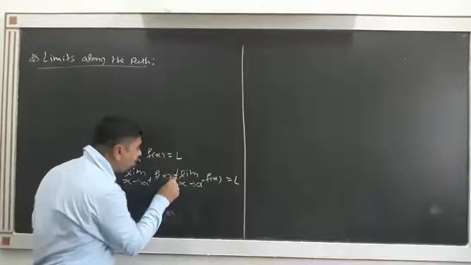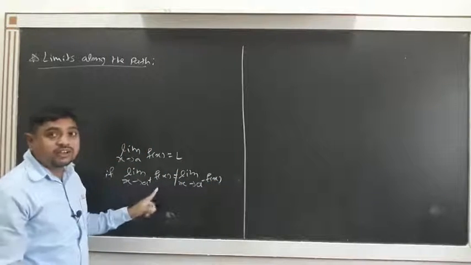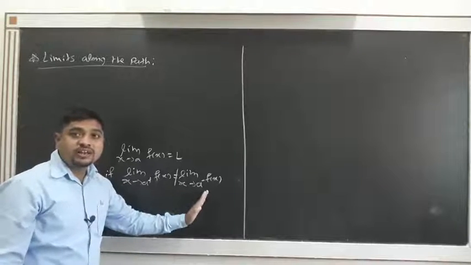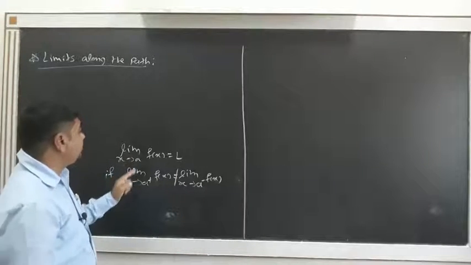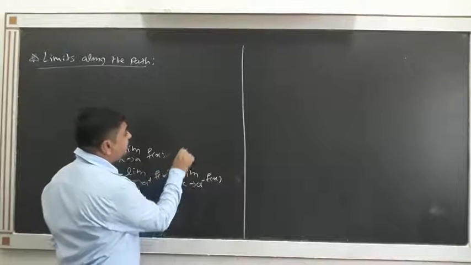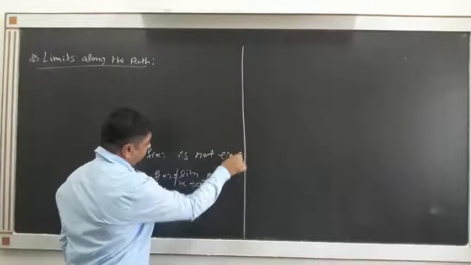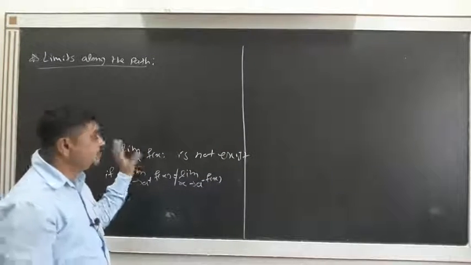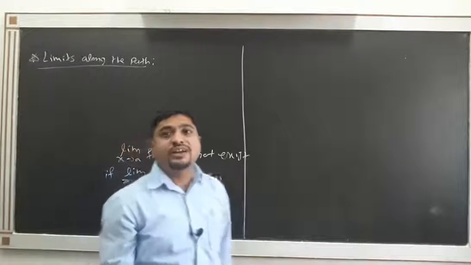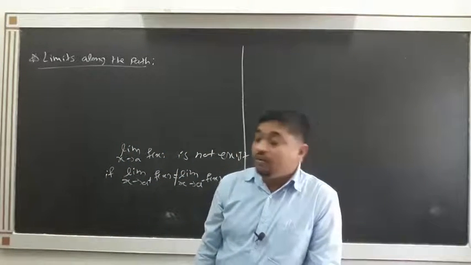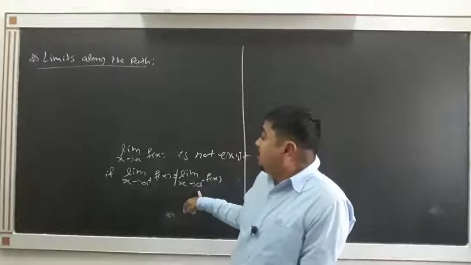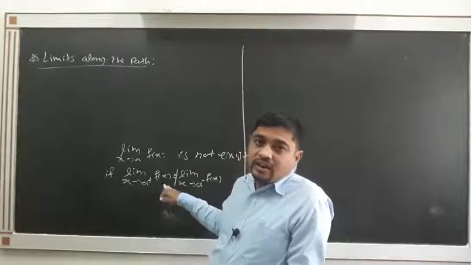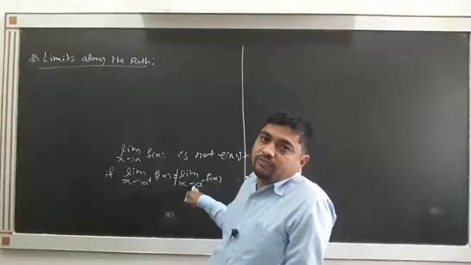And if they are not equal, that is, the right limit and left limit are not equal, then we say that the limit of the function f of x is not existing. That means the limit does not exist if the left and right limits exist but are not equal.